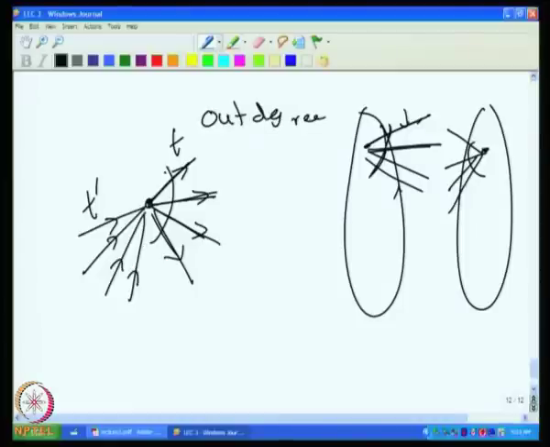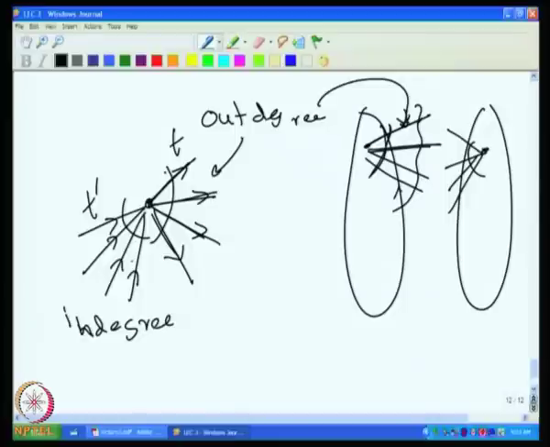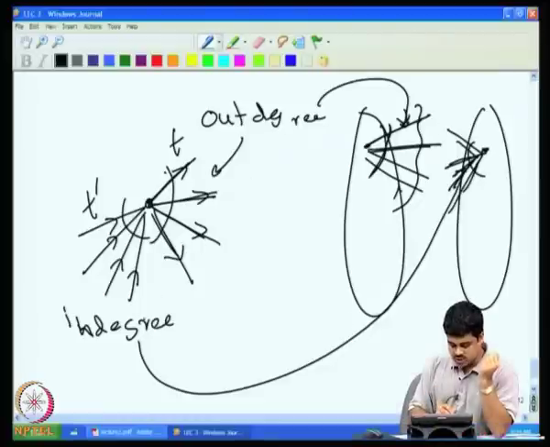So the out degree here will correspond to this number, and the in degree, meaning the number of incoming edges, the inward edges to that vertex, will correspond to the degree of the copy of it on the B side. Of course, if you want it regular, then the out degree has to be equal to the in degree for each vertex.